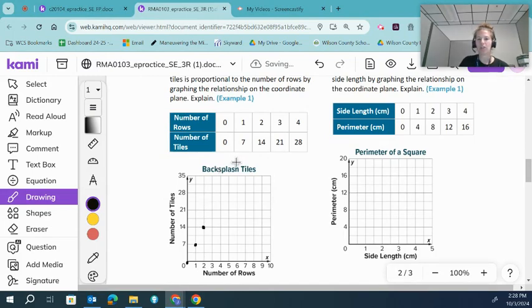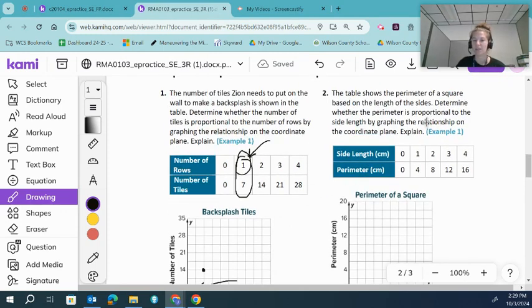Okay, and when we are looking for our constant of proportionality, that is going to be the point where it is per 1. So in a proportional relationship, it is the point where you see the 1. Okay, so this point right here is that constant of proportionality or that unit rate.